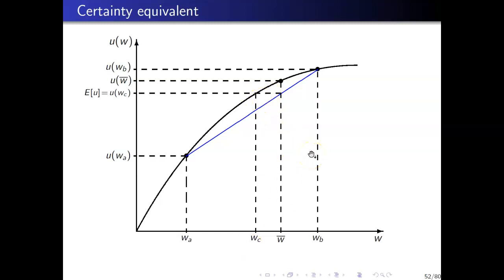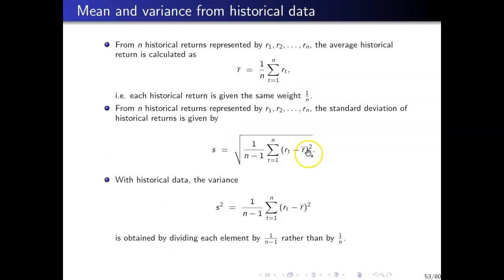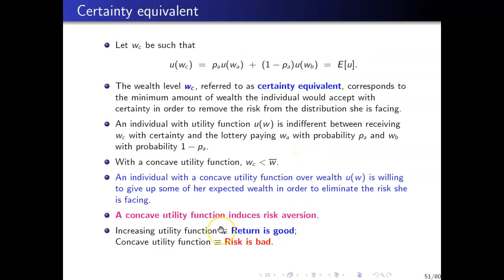So that person is willing to pay in terms of expected wealth in order to reduce the risk of the possibilities she is facing. So a person with a concave utility function does not like risk, is averse to risk. Okay, so this shows, very rapidly, that when a person has a strictly increasing and strictly concave utility function, that person likes return, so return is good, risk is bad.